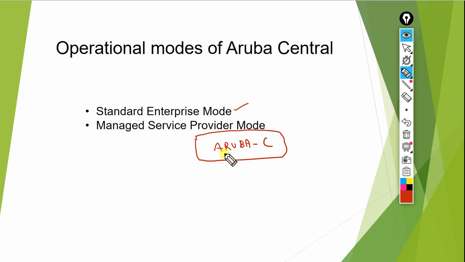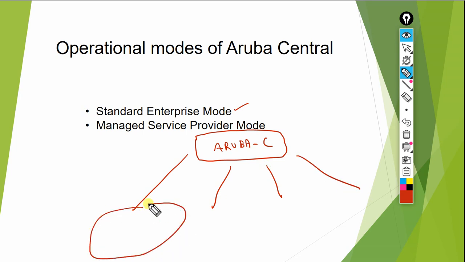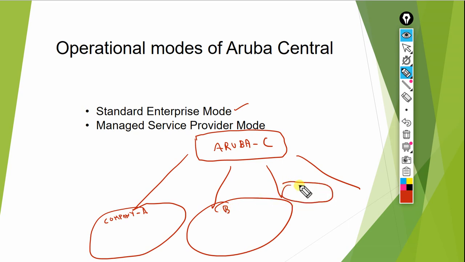Let's say we have different companies, this is company A, this is company B, and then you have C, and then you have D over here.